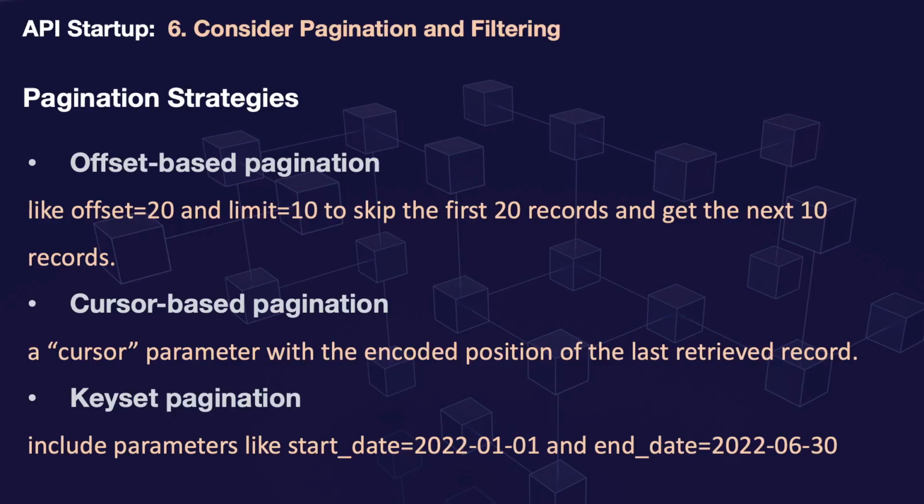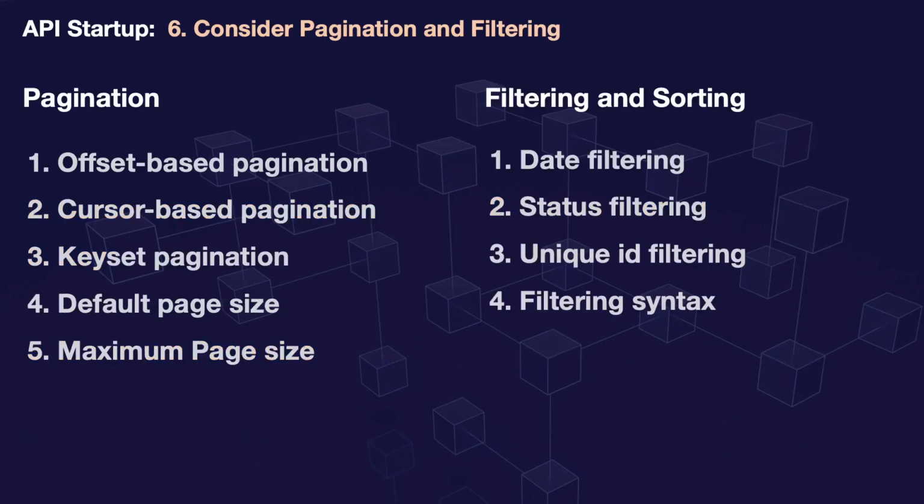And then there's keyset pagination, and that's usually used with, for example, timestamps, dates, where you can search on some kind of parameter, not always dates, but that's a common one, where there's a start date and an end date, and it just gets the records for that. There are a couple other pagination techniques as well, to mention default page size and maximum page size. And this is just basically the number of items returned in a single request.